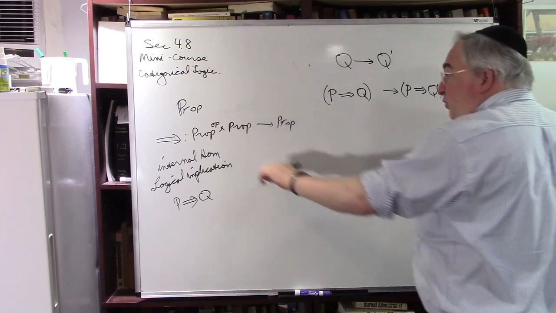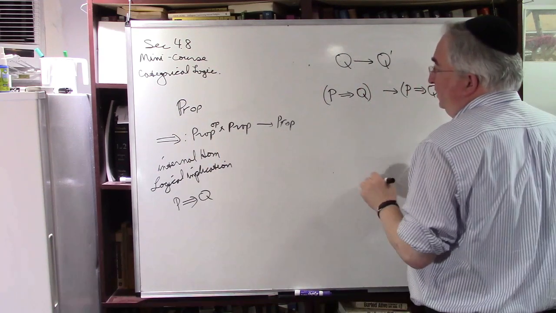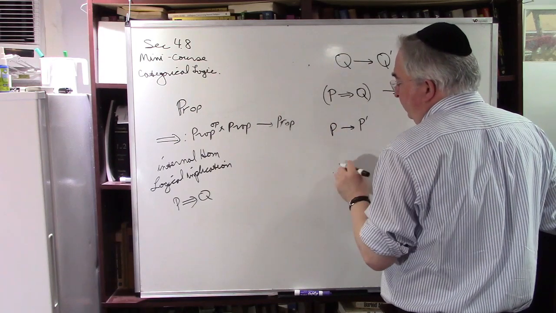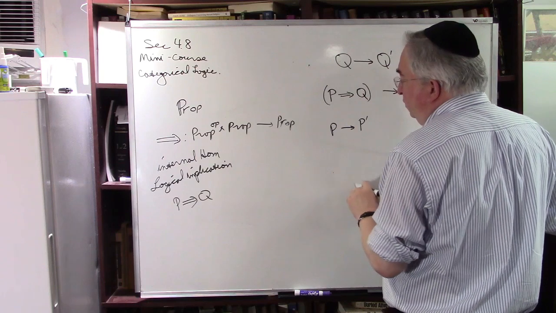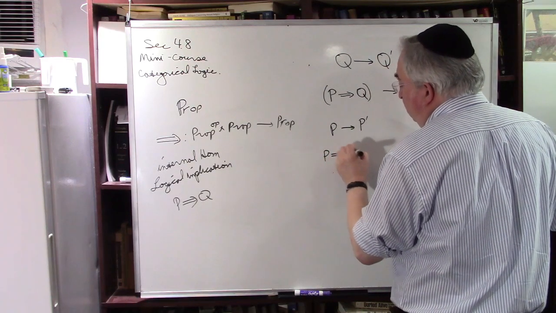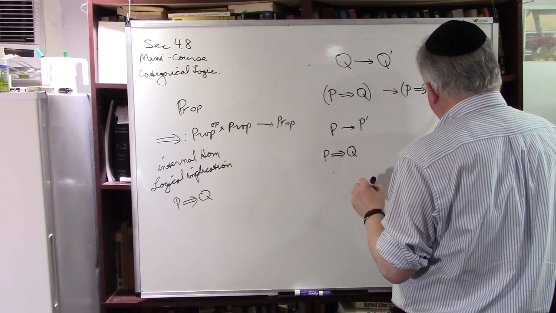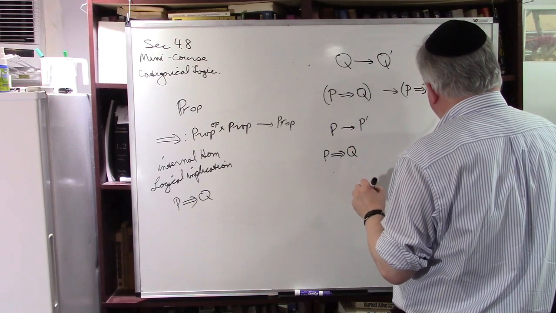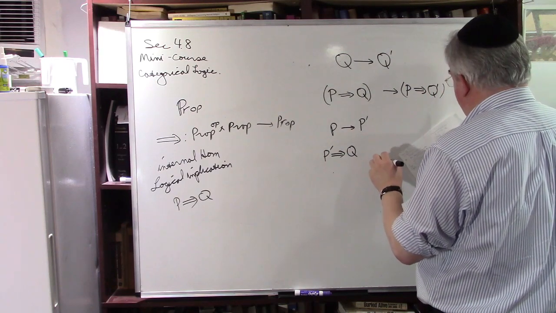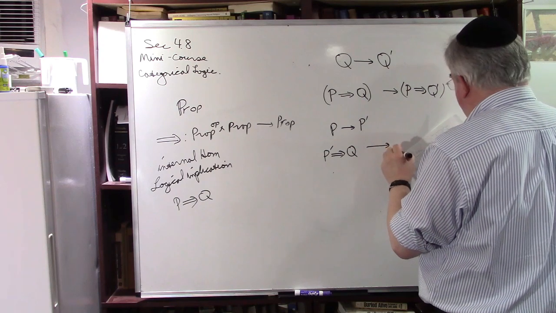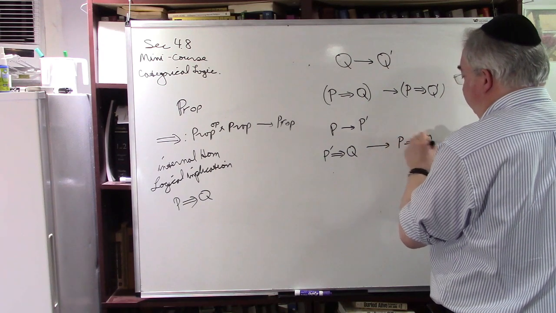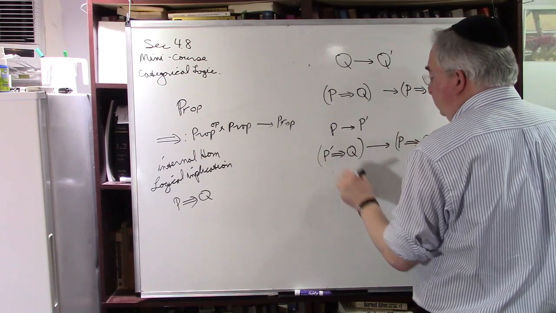It's also contravariant in the first variable. So let's do this. If P implies P prime, and now we're just going to look at one Q, then we get as follows: P prime arrow Q implies P arrow Q. Let's see why this is true.